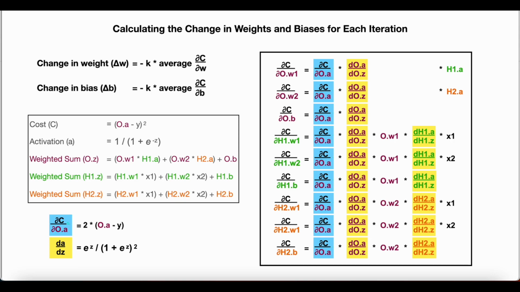So we're going to take those 4 costs with respect to the weights and average them out, and then apply this formula to our next iteration and see if we come closer in our neural network. So let's go to our spreadsheet.